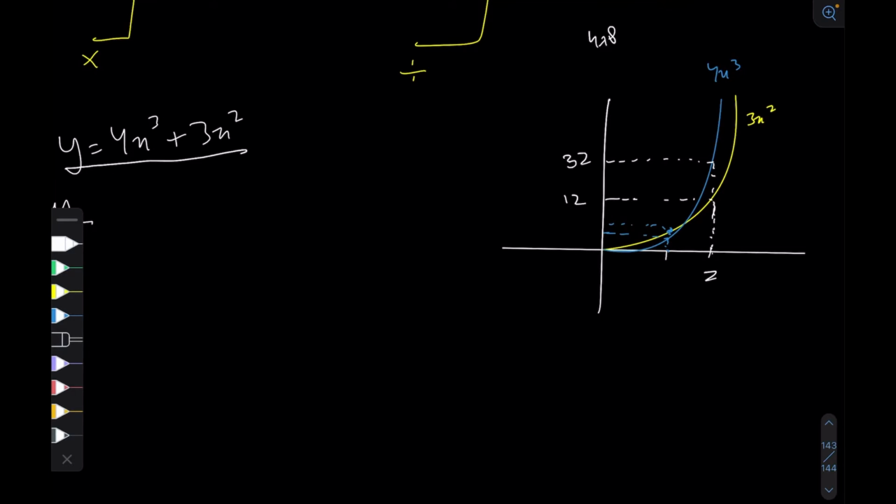So y equals 4x cubed plus 3x squared would simply just add these two. So 32 plus 12 is 44. So when x is 2, the y of this graph would also be 44, and so the graph would look something like this, keeping in mind that it's really just adding the y values of both these graphs.